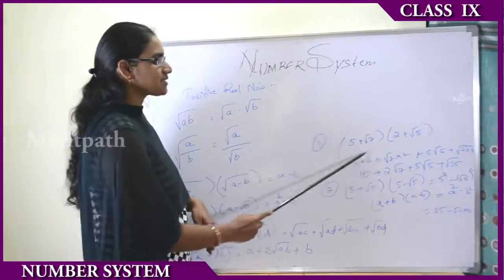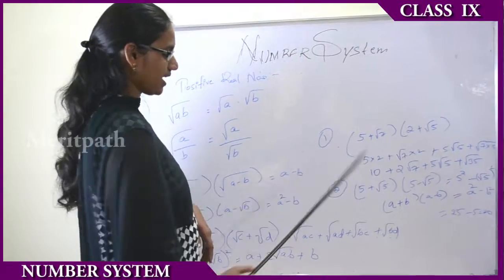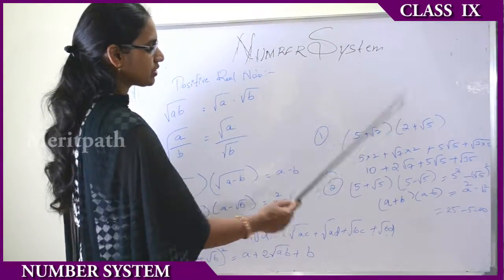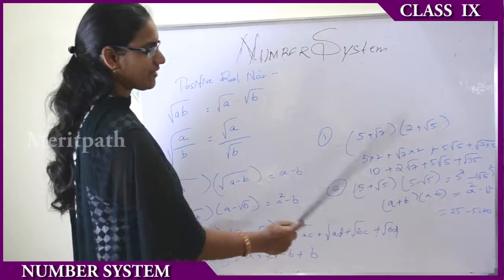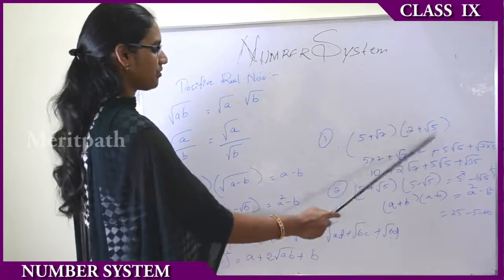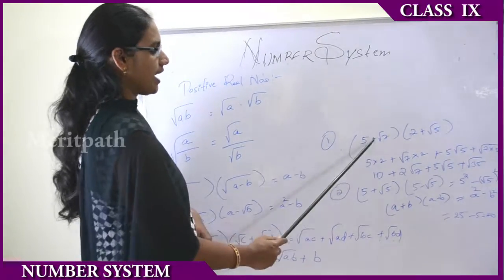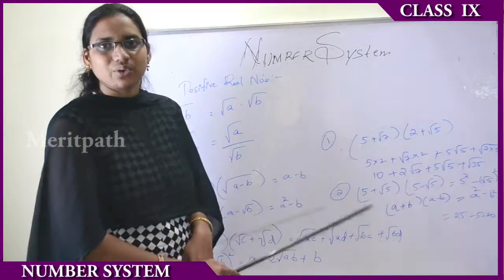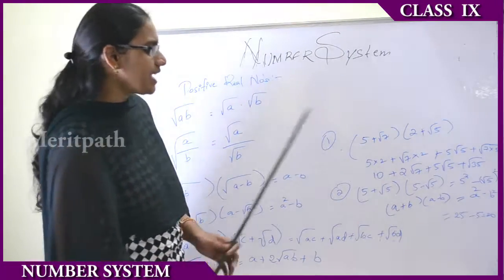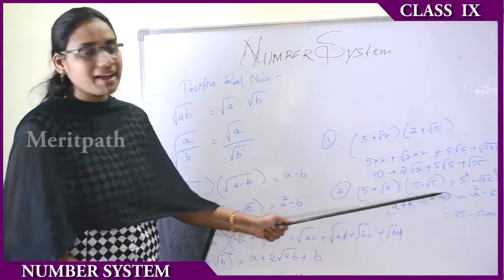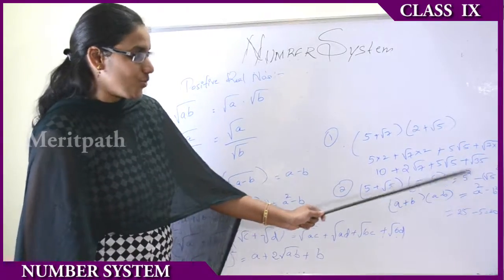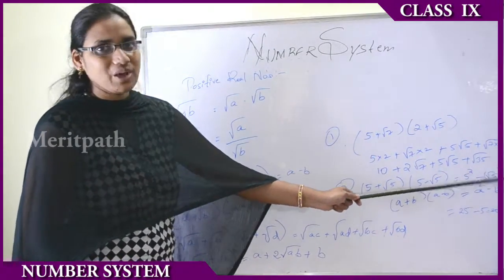That is, (5 plus root 7)(2 plus root 5) equals 5 into 2, 10, and root 7 into 2 is 2 root 7, and 5 into root 5 is 5 root 5, and root 7 into root 5 is root 35. Let's see another example. (5 plus root 5)(5 minus root 5) equals 5 square minus (root 5) whole square.